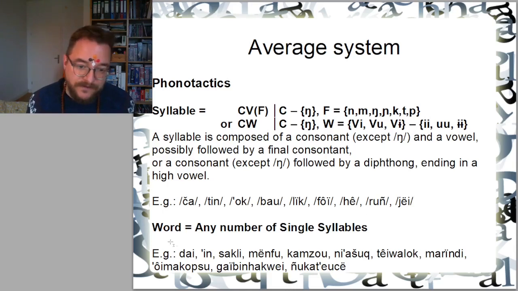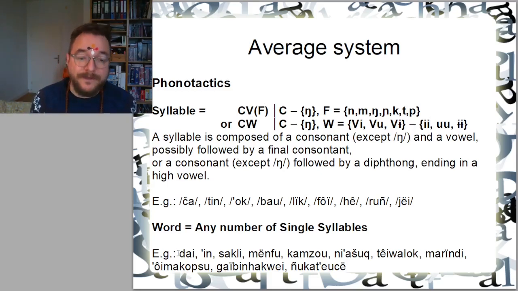How are words composed? Again, words are composed of any number of single syllables. So you can take any of those different kinds of syllables, put them next to each other, and have a word.